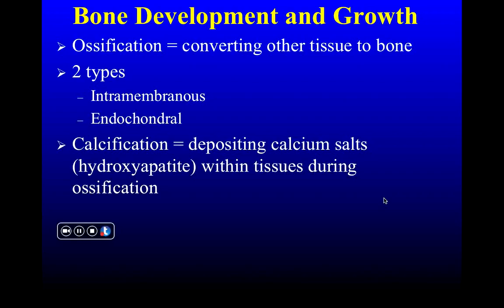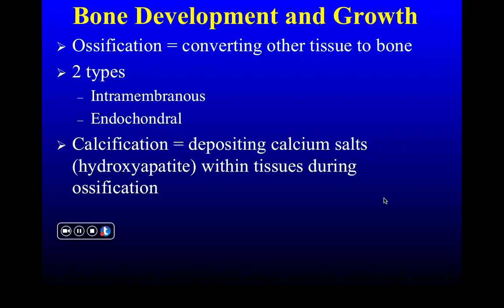So we're going to look at the steps in which we can get from the mesenchymal stem cells that are forming membranes to bone, and what kind of bone. And then from the cartilage frame to bone. Okay. Both of these types of bone development involve the process of calcification.